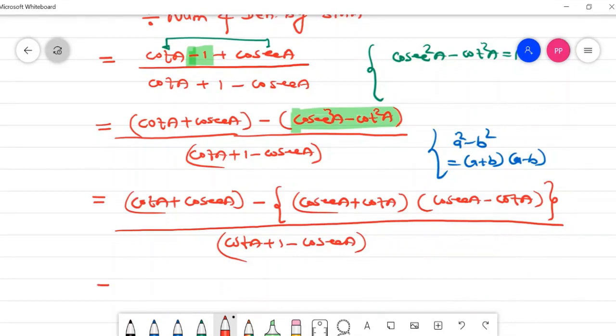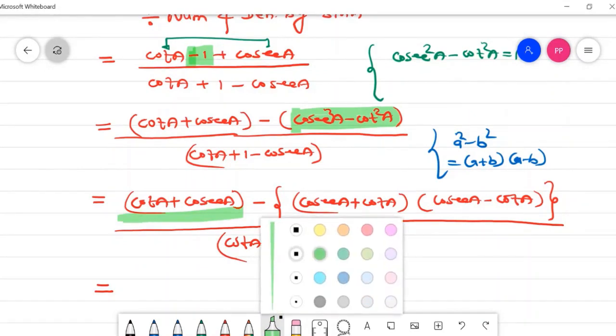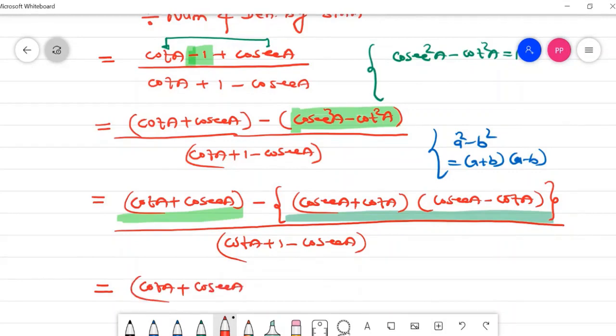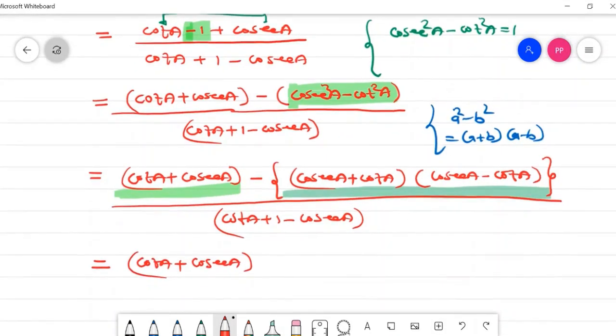Now friends, if you see it carefully, the numerator has two terms. The first term is cot A plus cosec A, and the second term is that entire bracket where two brackets are there, but still treated as a single term. So in the numerator there are two terms. What is common? The common term is cot A plus cosec A. So we can take that as common.